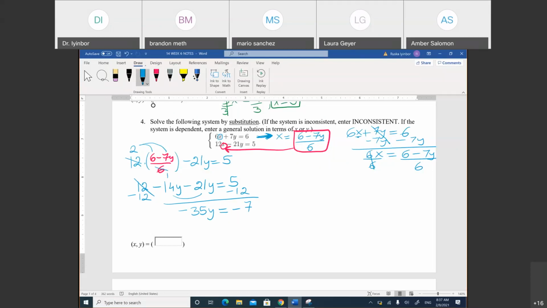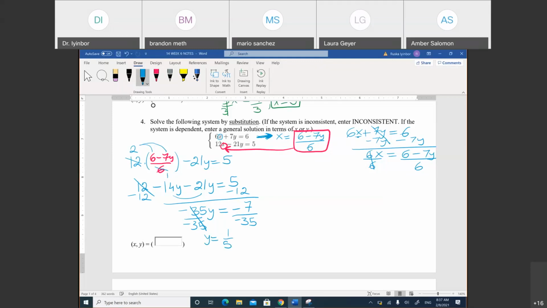Then we have only y by itself, so what you do is divide by negative 35. So what do you get? Y equals what? Over 5? No, it's not 5. 1 over 5, because a negative divided by a negative is positive, that's right.